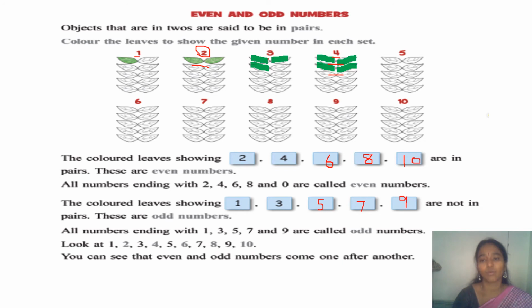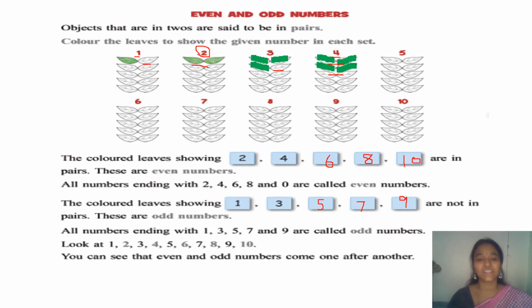Means what is happening here? One leaf is left. One leaf here in one is left. So these are not in pairs. So they are called odd numbers. So the numbers ending with 1, 3, 5, 7, 9 are called odd numbers, and the numbers ending with 2, 4, 6, 8 and 0 are called even numbers.